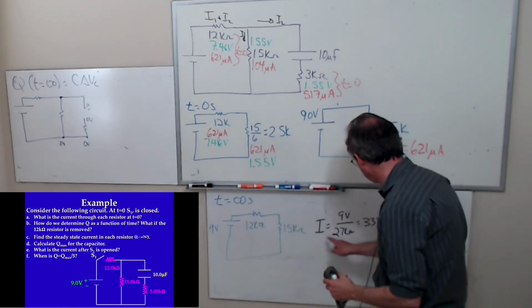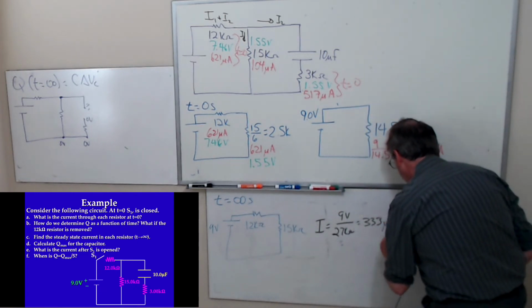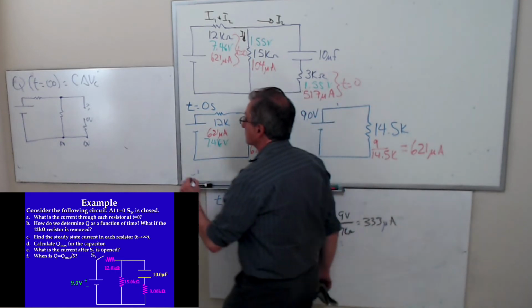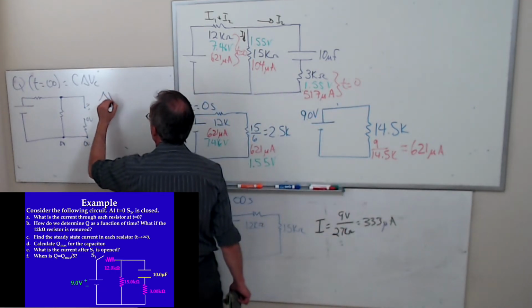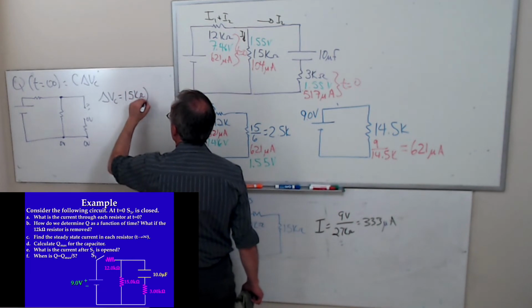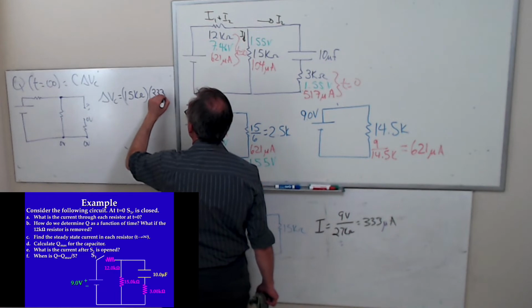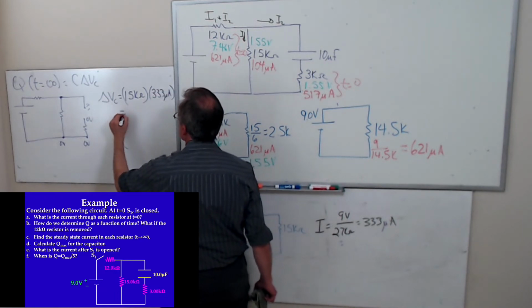So I got to take 15 times 333. Oh, that's microamps, sorry. So the voltage across the capacitor is going to be 15 kilo ohms times 333 microamps. It comes out to 5 volts.